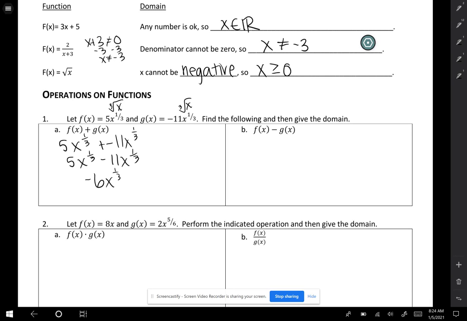Well, when you're taking the cubed root of a value, you can take the cubed root of 0, you can take the cubed root of a positive number, and you can take the cubed root of a negative number. So there's no restrictions on what x can be. When you combine them, you get negative 6x to the 1/3. The x is still to a 1/3, which is a cubed root, so there's still no restrictions. So x can be all real numbers for the domain.